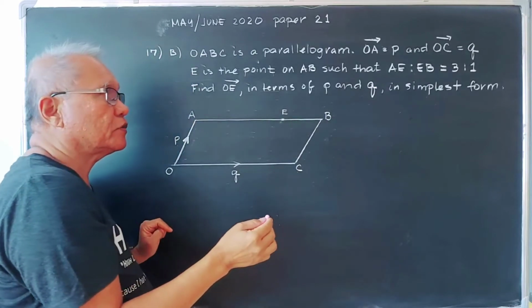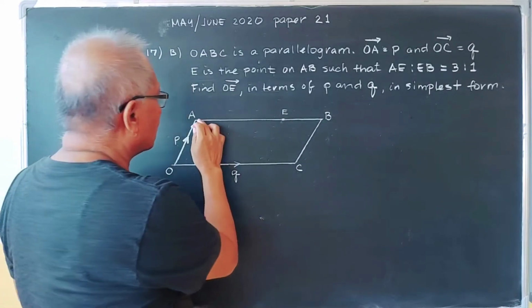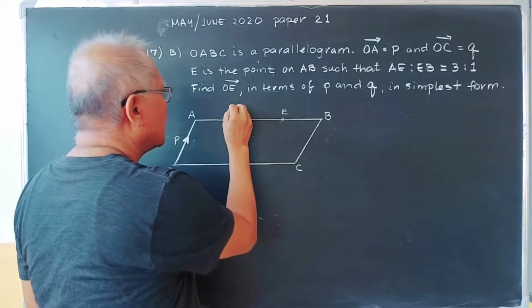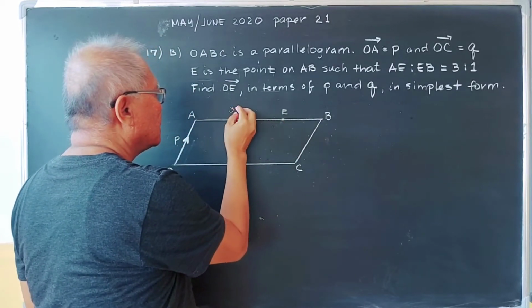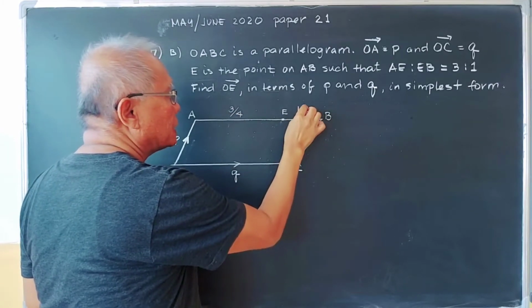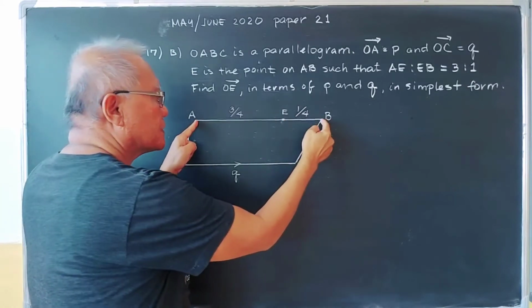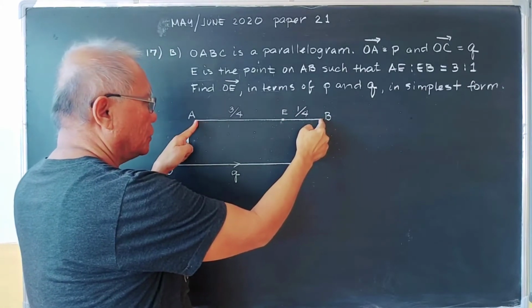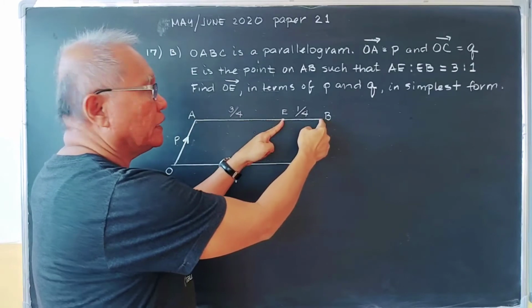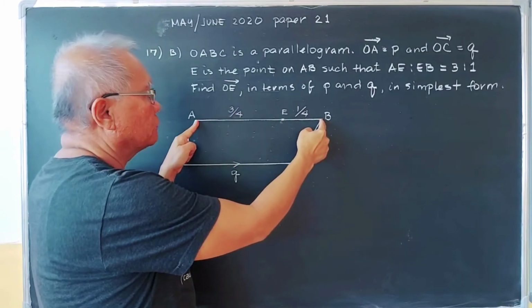So in ratio, we can add the ratio: 3 plus 1 is 4. So this one is 3/4, and this one is 1/4. AE is 3/4 of the length of AB, and EB is 1/4 of AB, or vector AB.